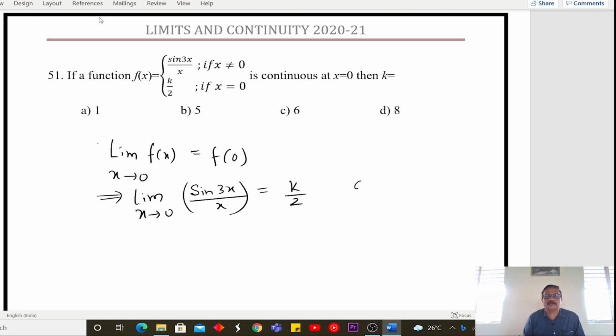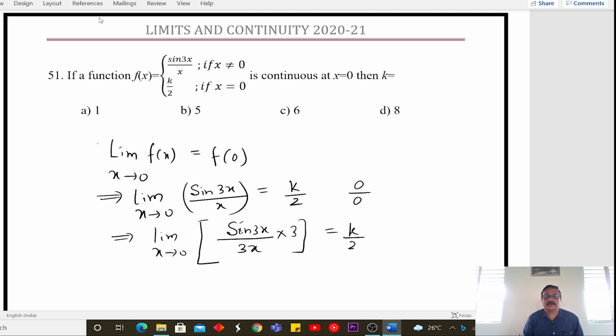Put x is 0, the given data is in the form 0 by 0. So differentiate numerator and denominator separately using L'Hospital rule, or another method: sin 3x divided by x can be written as sin 3x by 3x, into 3, right? That is equal to k by 2.